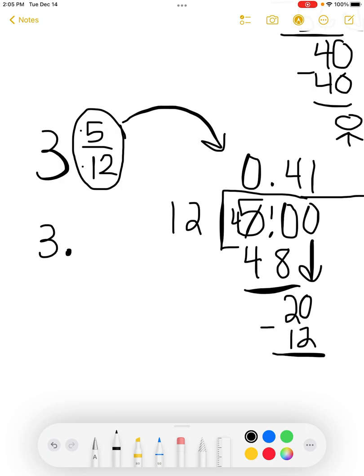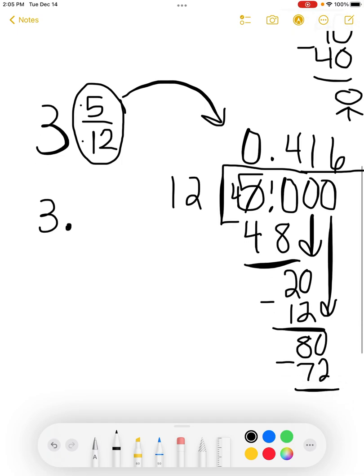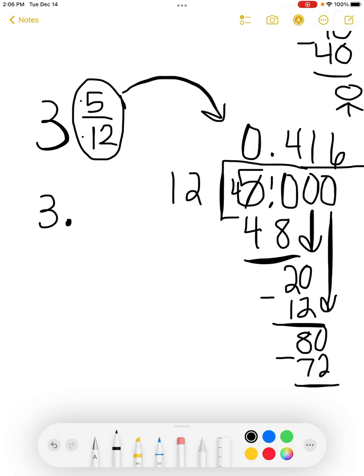Place my 12 below to subtract and I get 8. Add another 0 to continue the problem. 12 goes into 80 6 times without going over. That's 72. Subtract 80 minus 72 and I get 8.